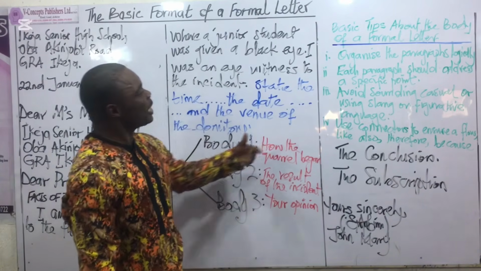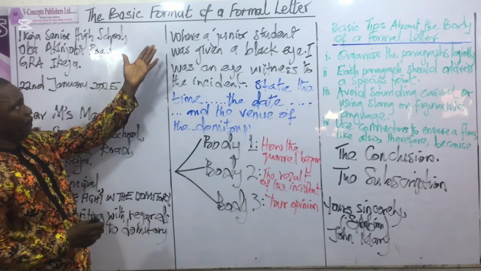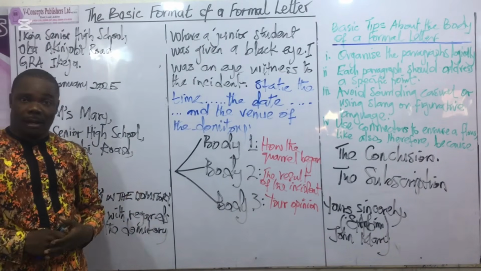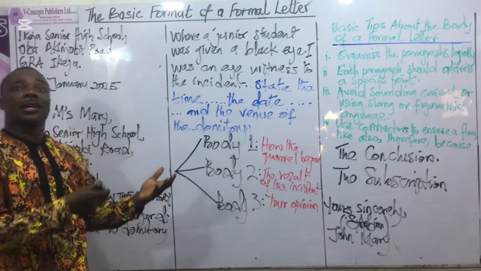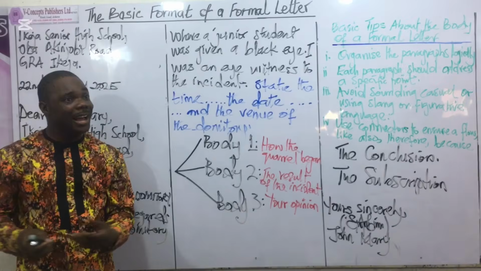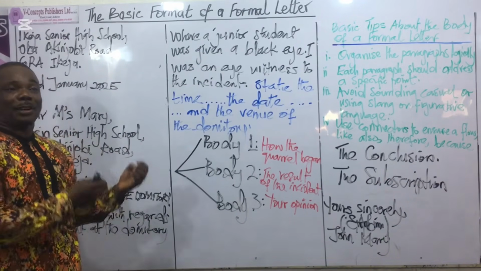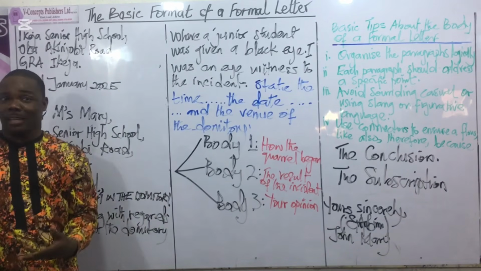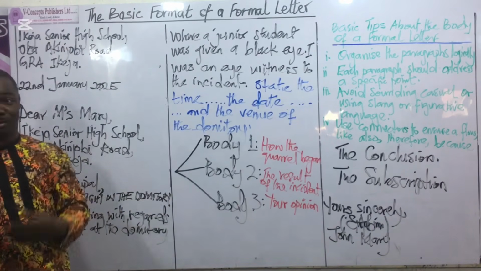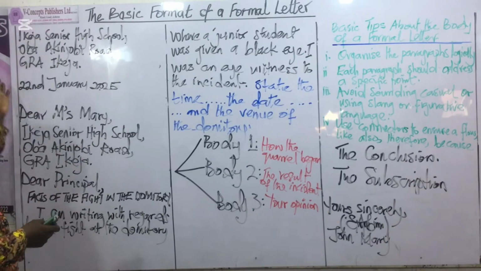So this is the basic format of writing a formal letter. We talked about the sender's address, the date, the receiver's address, the salutation, and then the title. And then we talked about how to write the first paragraph and the body of the letter, rules for crafting the body, how to write the conclusion, and then the subscription, whether you use the top right-hand corner format or the top left-hand corner.